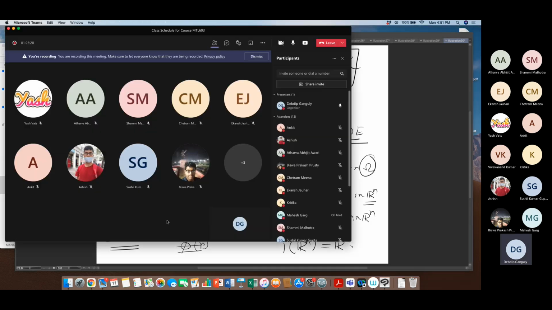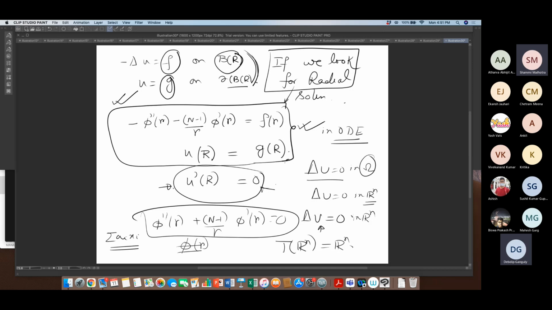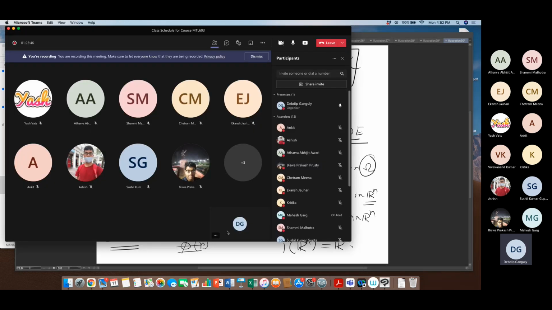Is there anything else? Here we are taking minus Laplacian. Why am I taking minus Laplacian? This is something we will see later. If you don't like the minus, you take Laplacian. This is some convention we use, some physics convention. I will tell you next class why I am taking the minus. It does not bother you much.